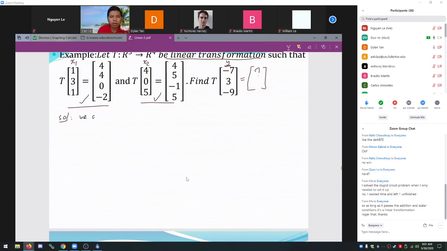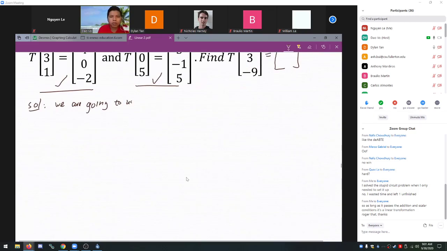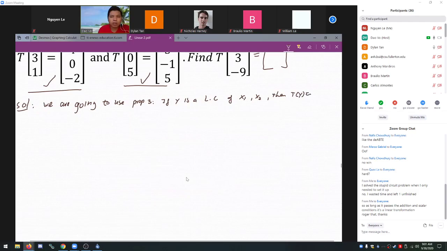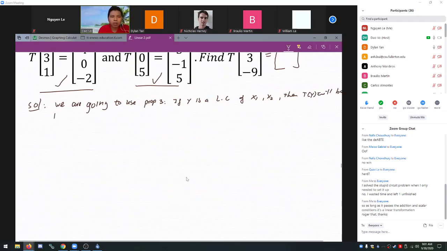So we are going to use property 3, which is if y is a linear combination of x1, x2, then transformation of y will be a linear combination of transformations of x1 and x2.